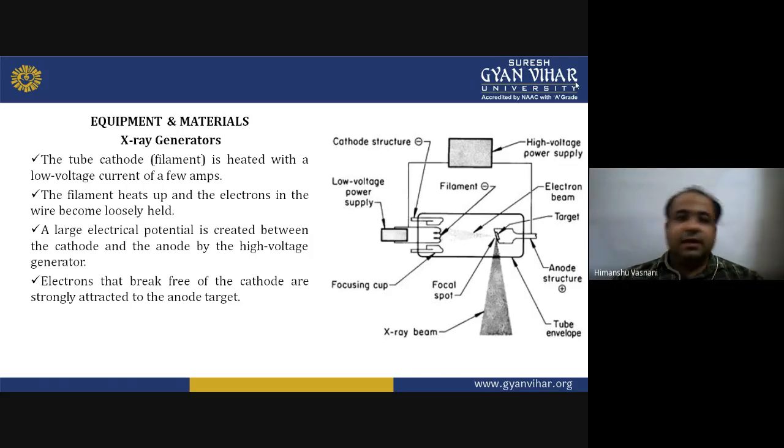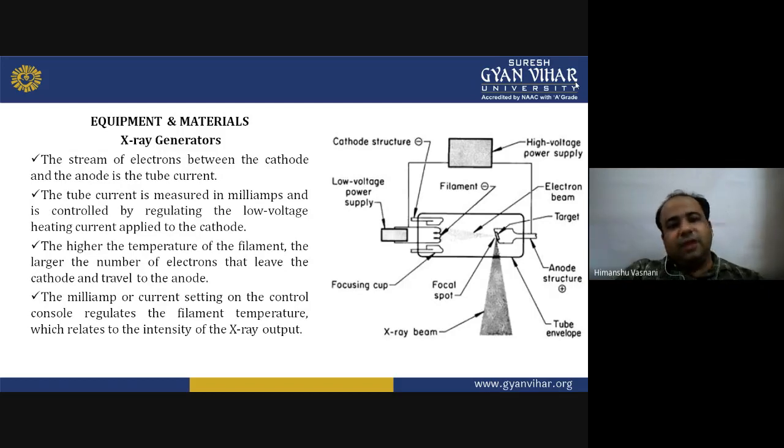A large electrical potential is created between the cathode and the anode by the high voltage generator. Then electrons that break free of the cathode are strongly attracted to the anode target.